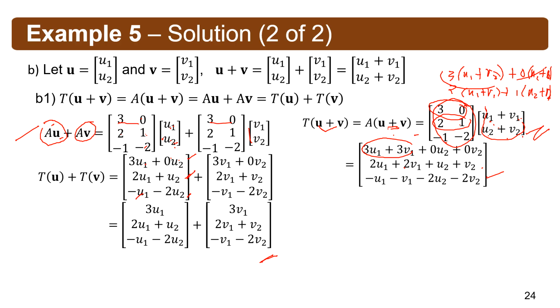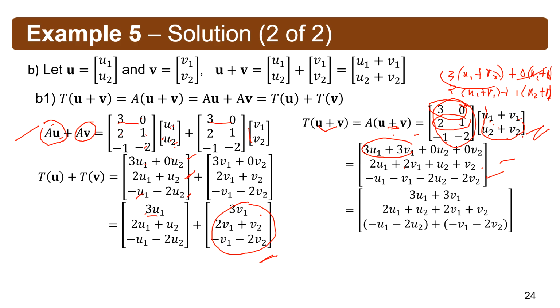Now, to make this one look the same as this, you see all the u's are on the left side and the v's are on the right side. So let's do the same way. 3 u1 and v1, the u's on the left side and the v's on the right side.